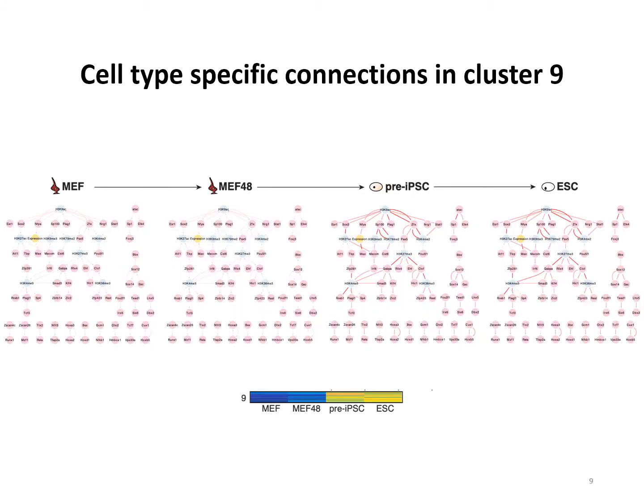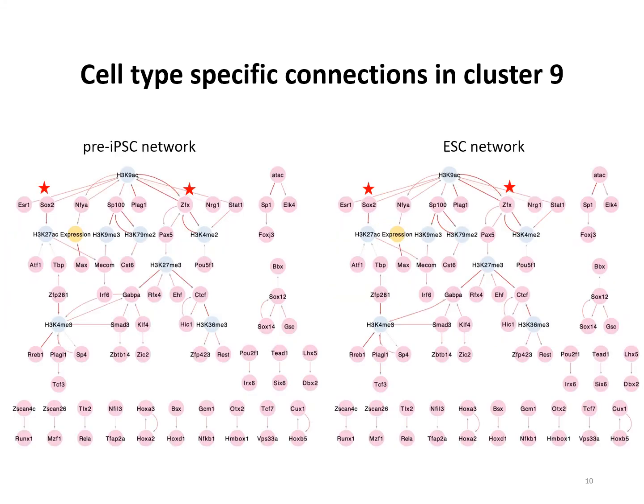Let's dig into the subnetworks in cluster 9, which is pre-iPSC and ESC specific. We found a large number of cell type-specific interactions in pre-iPSC and ESC, but absent in MEF and MEF48. Here is a zoom-in of the subnetworks.